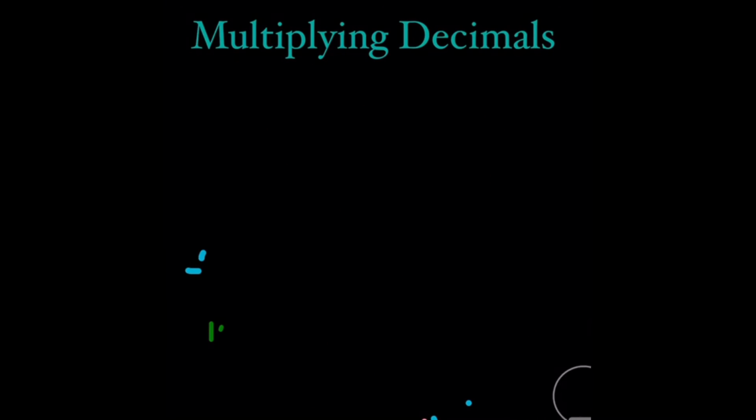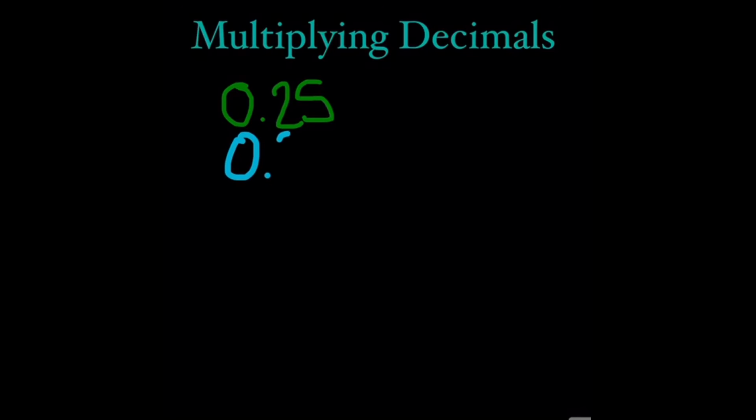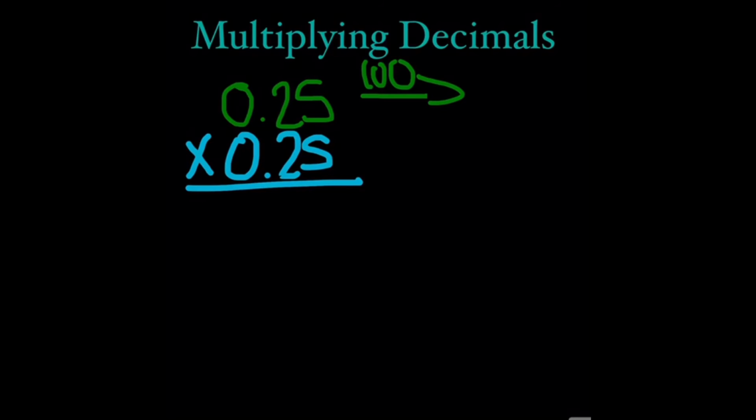So now let's find the product of 0.25 and 0.25 again. Same thing. I'm going to times this one by 100, and this one by 100 as well.